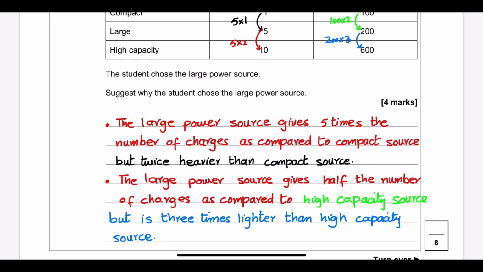But it is 3 times lighter than the high capacity power source. The student will get 1 mark here, 1 mark here, 1 mark here, and 1 mark here to get 4 marks for this question.